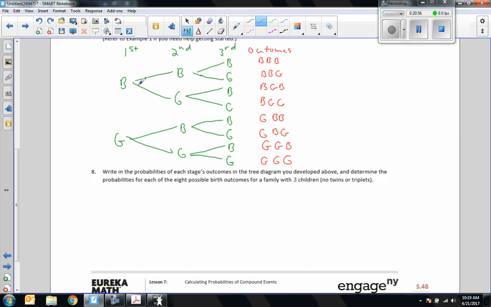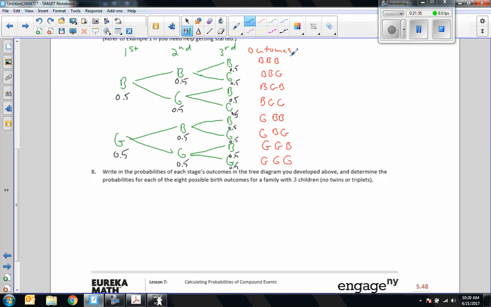And remember that every single one of these is 50%, 0.5, 0.5, 0.5, 0.5, and so on. There's a 50% chance it's a boy, 50% chance it's a girl, okay, so it's all listed.